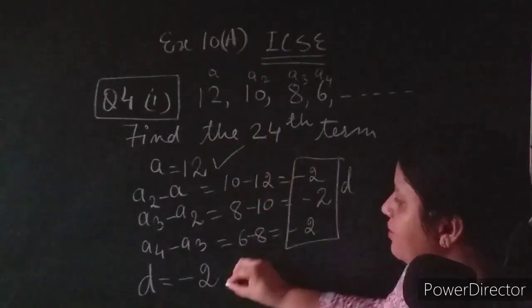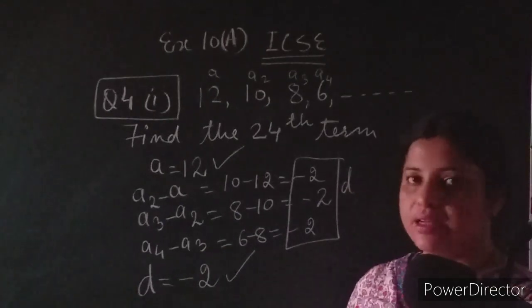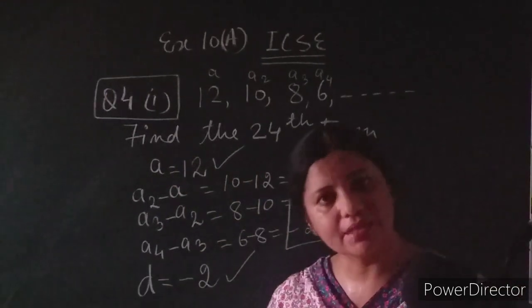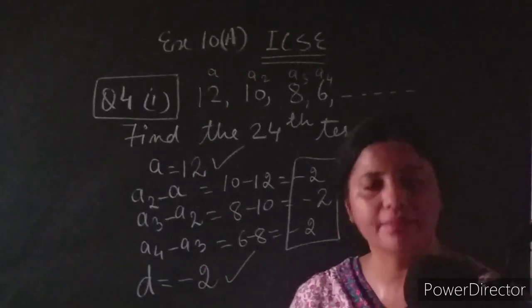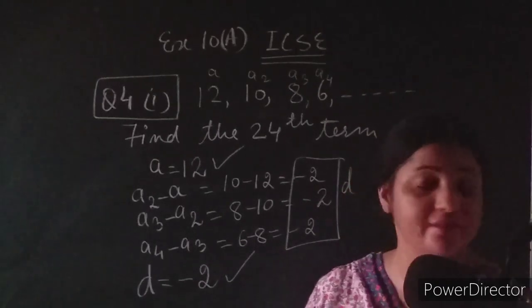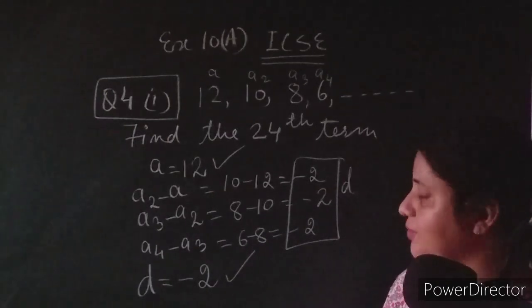So we have got A, we have got D, right? Now, once these things are with us, we can find the number at 24th place or 100th place or 999th place, any number of the sequence you can find, right? Now let us write that formula.